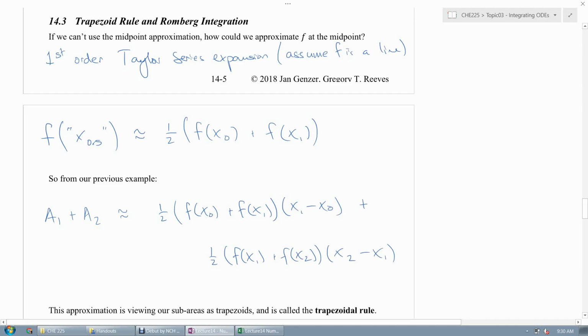So in other words, instead of having the average be on x, now our average, f bar 1, is on f.